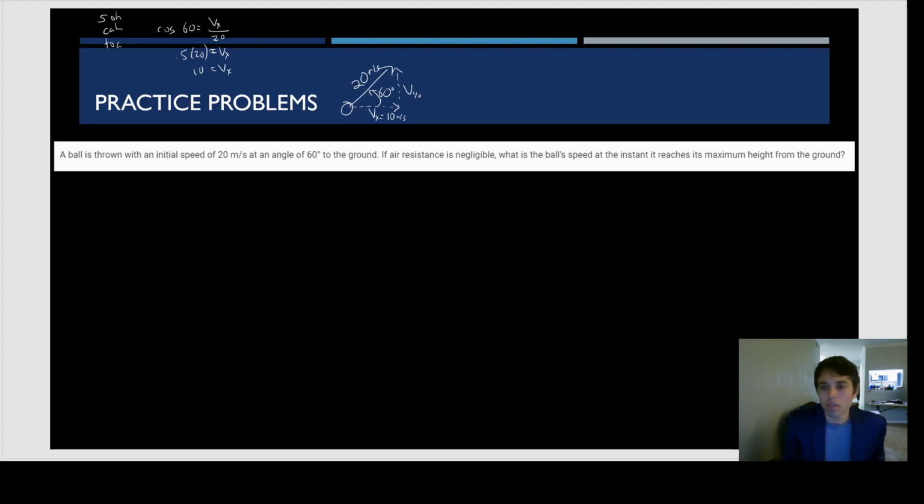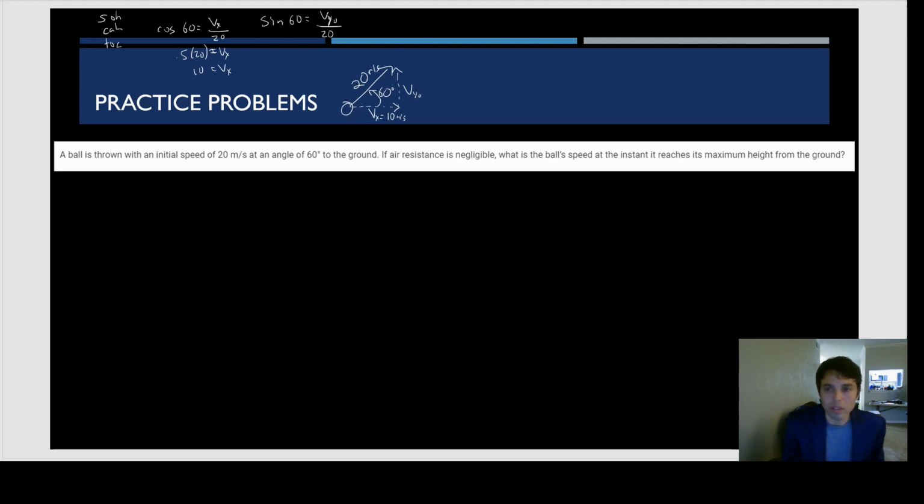And then what about the Vy? Well, the sine of 60 is 0.87. So that means sine of 60 is Vy naught over 20. Again, I'm using sine here, right? So the sine of the angle equals opposite over hypotenuse. Again, the Vy component is the opposite side of the triangle, so that's why I put in the Vy there.